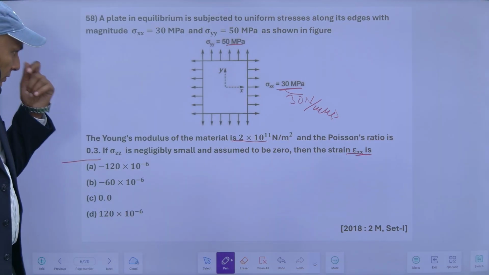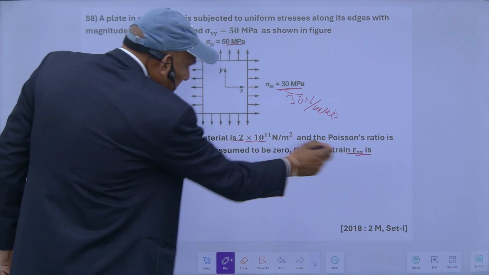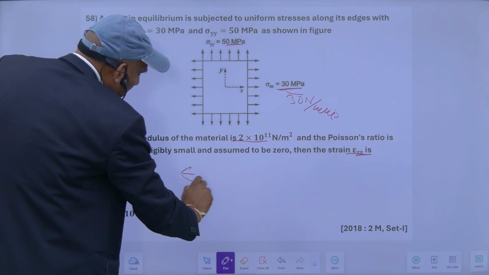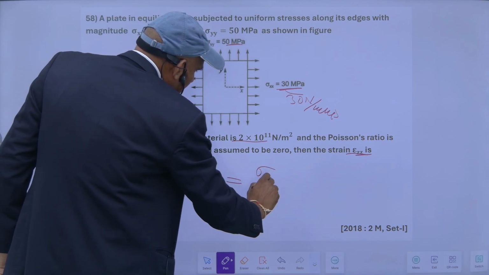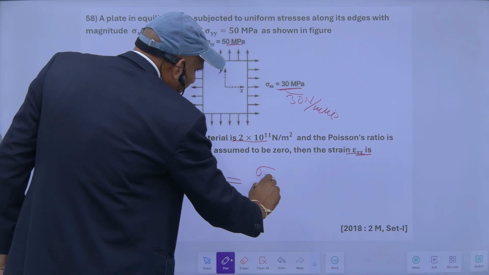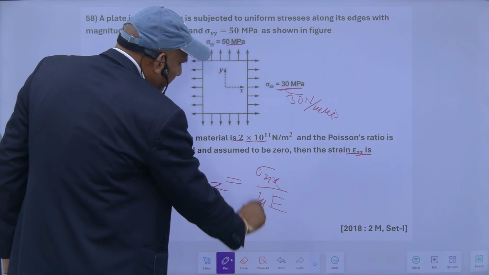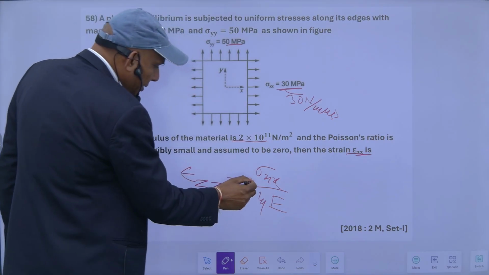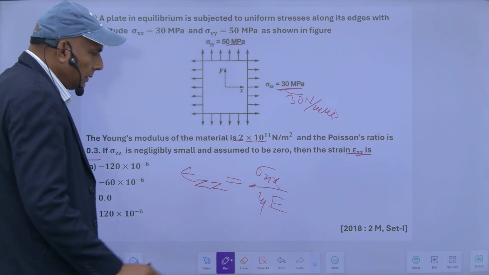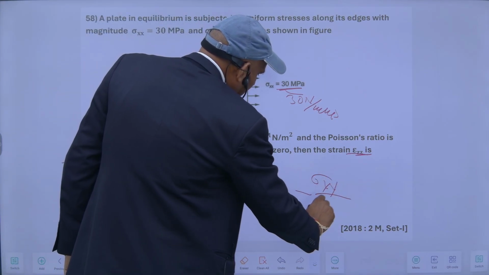So the formula is very simple. The strain in the z direction is equal to the strain due to the xy direction stresses, sigma xx upon E into m, and this will be opposite, minus sigma yy upon mE.